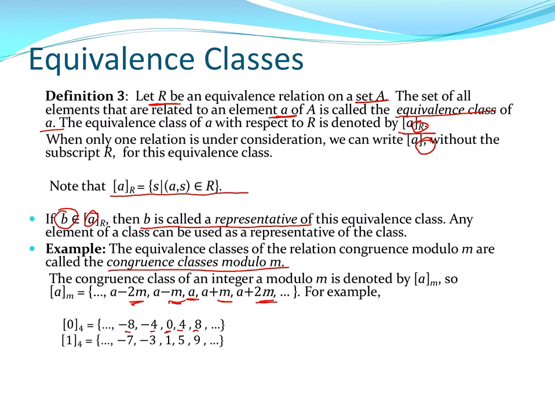The equivalence class of 1 modulo 4, once again, if you take the difference of any two of these, it'll be divisible by 4, or another way to state it is every one of these has a multiple of 4 difference between them. There's also an equivalence class of 2 modulo 4 and an equivalence class of 3 modulo 4. So there are 4 equivalence classes on the set of integers modulo 4.